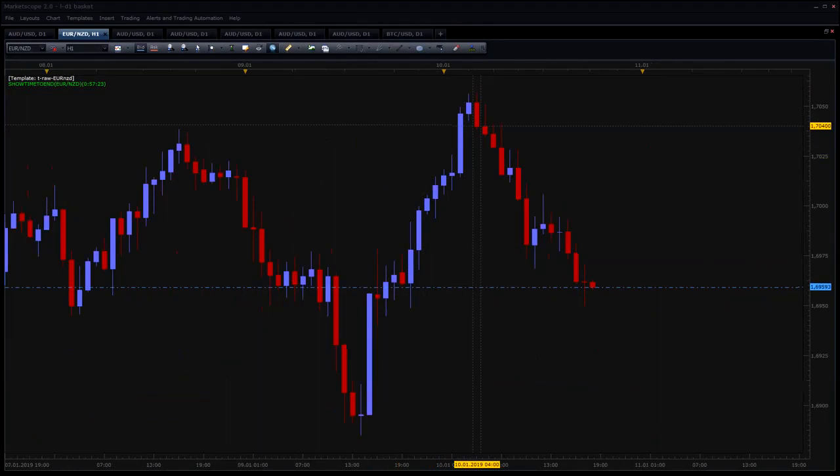Los Angeles is 9 hours, so that would be sometime around 21 o'clock. Right, so that's where we are right now. We don't have any clear decision signal to go further down, so the best thing is to just wait outside and let the market clear up.